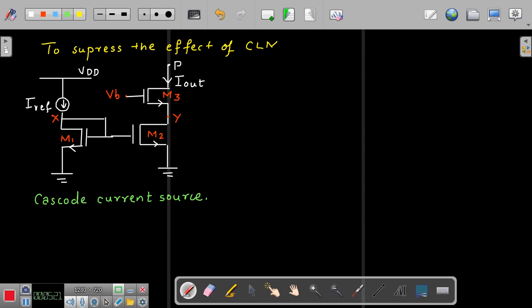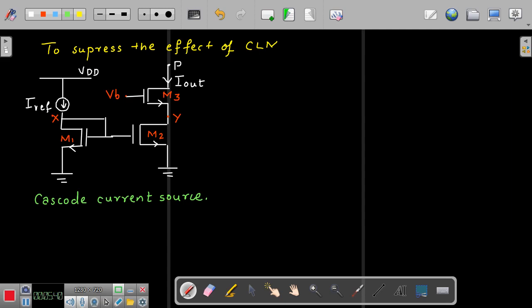Now see here, listen to me very carefully. This is the reference source. This is the device across which you have to maintain the current I out proportional to I reference, right?